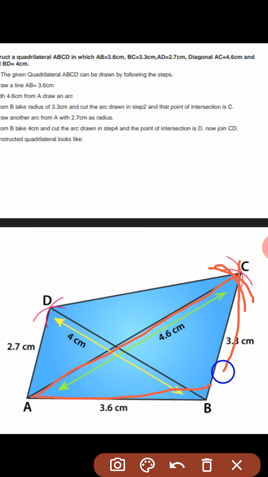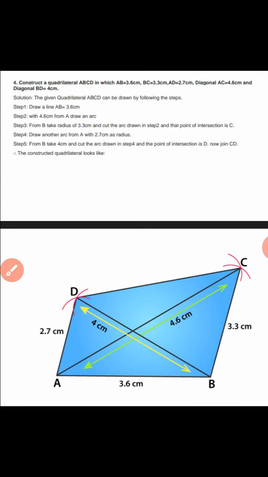Now by cutting these points we have to join BC and AC. Then from B take 4 centimeter and cut an arc, and from A we have to cut an arc of 2.7 centimeter. Then we have to join them. By joining, this quadrilateral ABCD will be constructed.